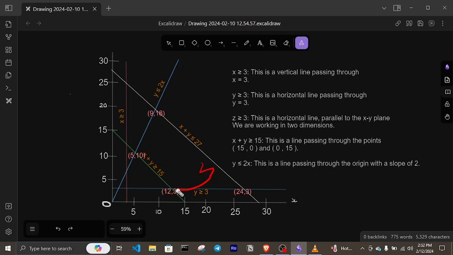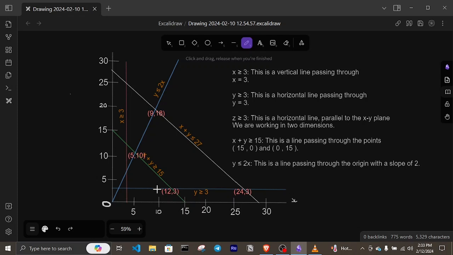Alright, so among the corner points that we have, 5, 10, 12, 3, 24, 3, and then 9, 18, which of these corner points will give us the maximum output when we put the corner point inside our formula? That is our objective function.